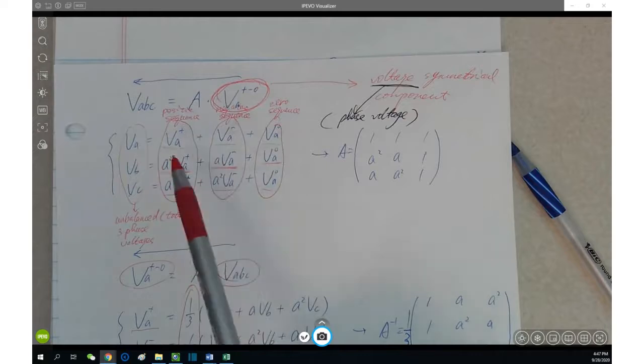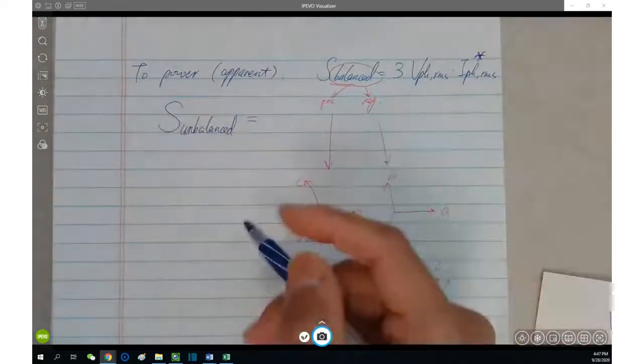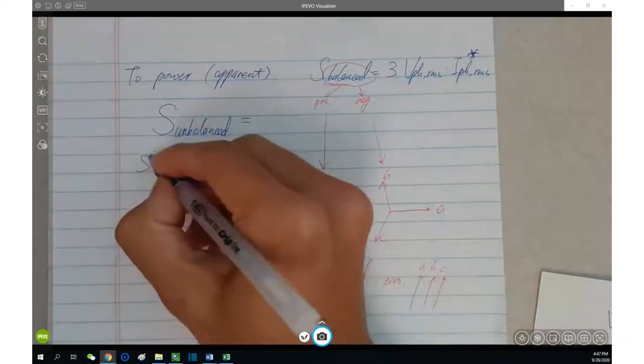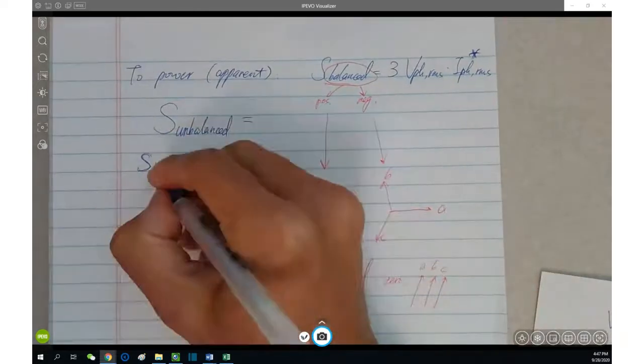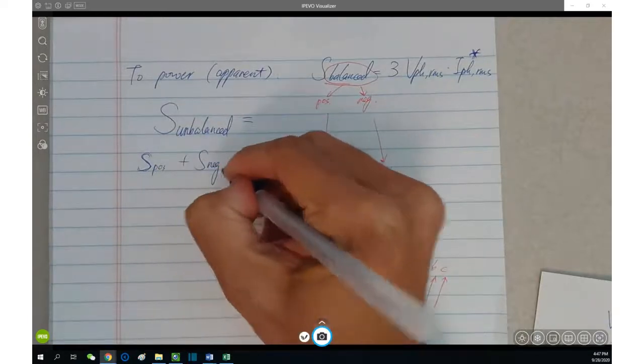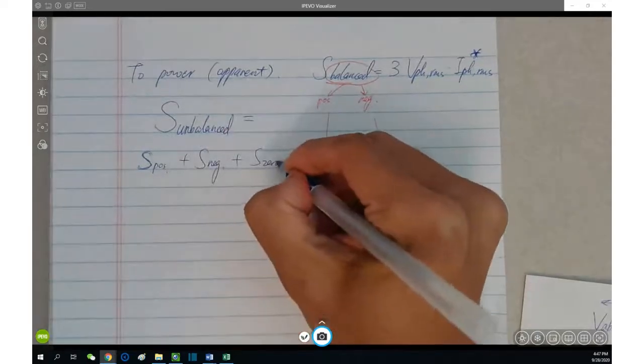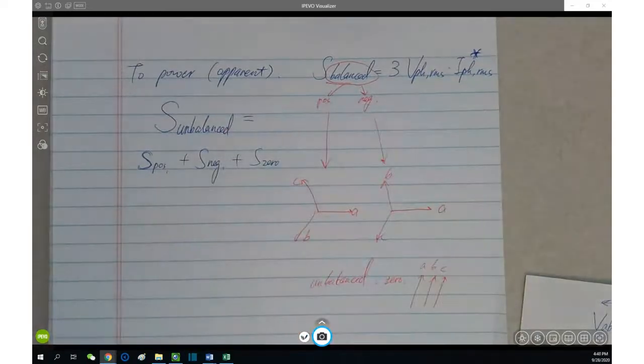Same idea. So this is total three-phase unbalanced power. What do we do? How about three-phase positive sequence, plus three-phase negative sequence, plus three-phase zero sequence? You sum them up, right? You have three sequences, you look for the three-phase power of each one of them, and then sum them up, right?